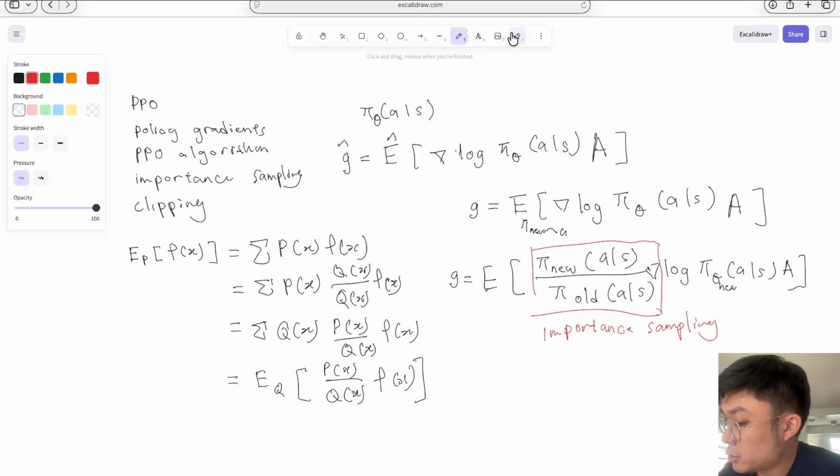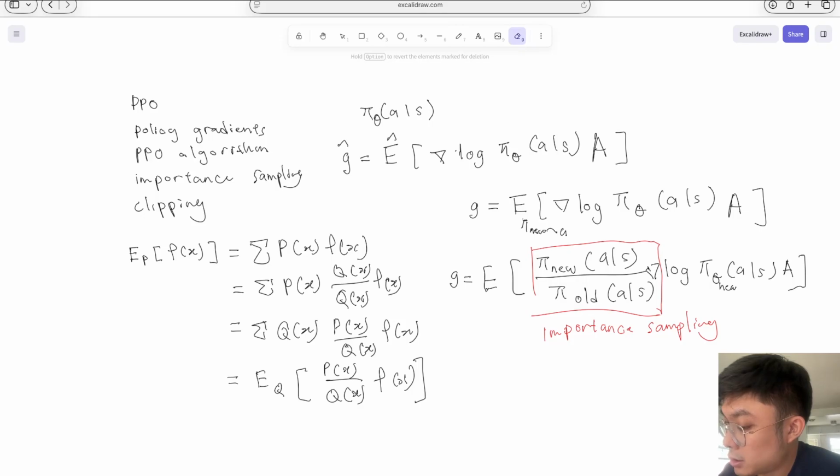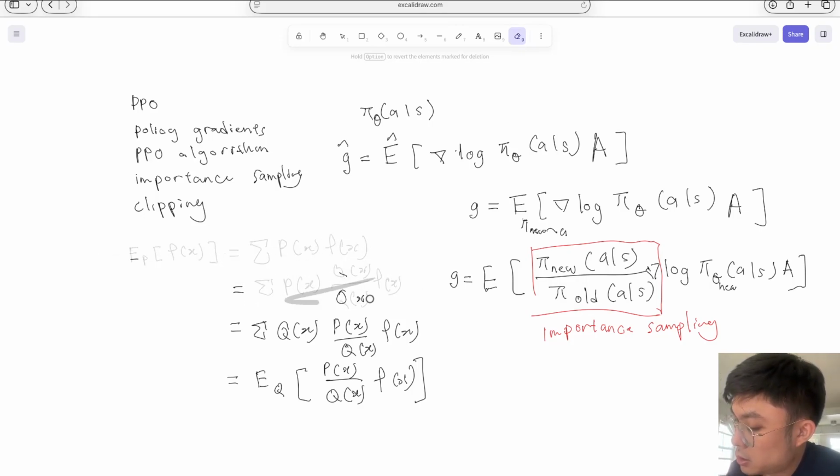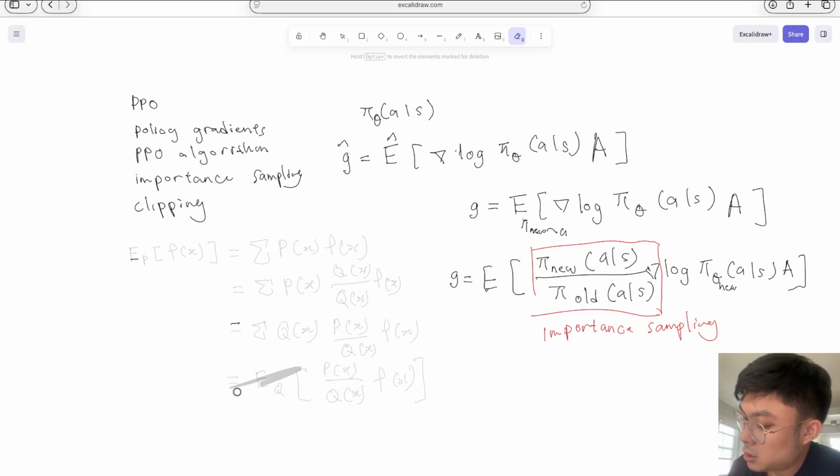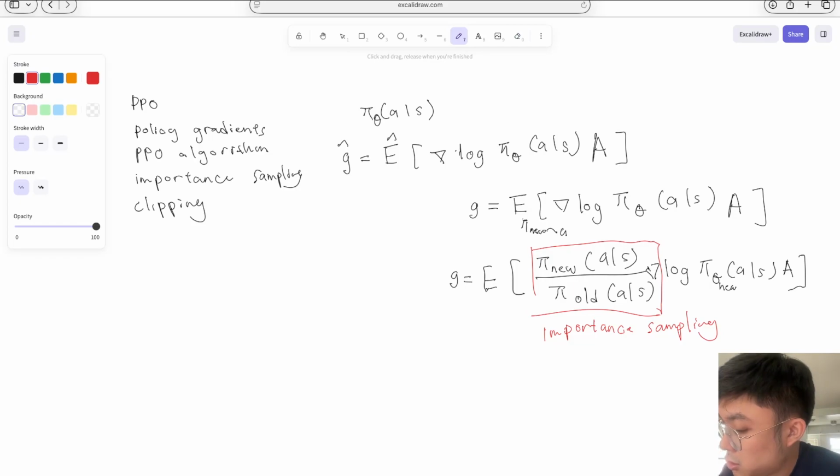We can find this out through some mathematical tricks. We want to get the loss function, right? This policy gradient is just a derivative of the loss function.